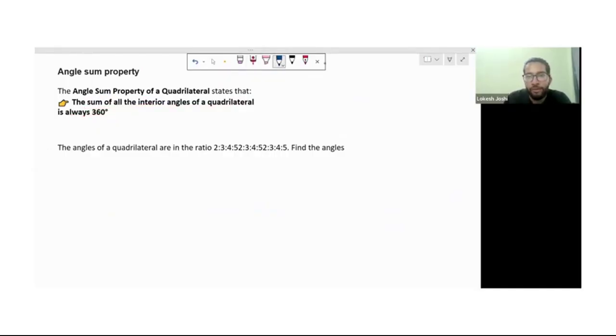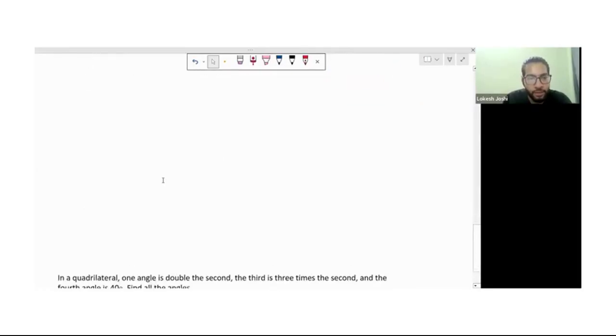Suppose we have any quadrilateral ABCD, and this one is angle A, this one is B, this one is D, and C. So the angle sum property states that angle A plus angle B plus angle C plus angle D is equal to 360 degrees. It's the property for any quadrilateral. It may be a rectangle, square, rhombus, parallelogram. It depends, but the condition is the same for each one.